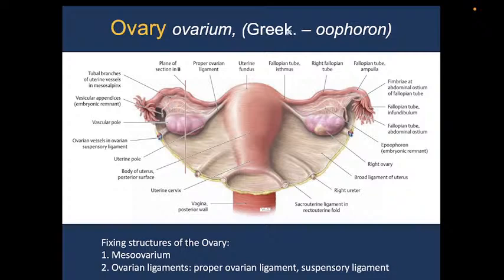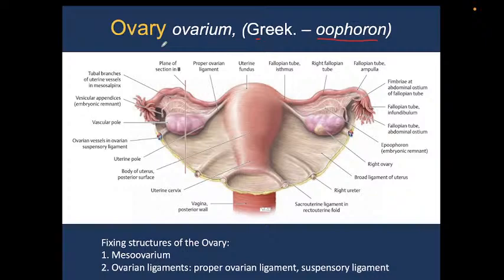Okay, and we also take a look here, and please remember another name of the ovary. We call it oophoron in Greek, and it is a common name in clinic, in gynecology. They call it oophorectomy, for example, but ovarium is the Latin name.